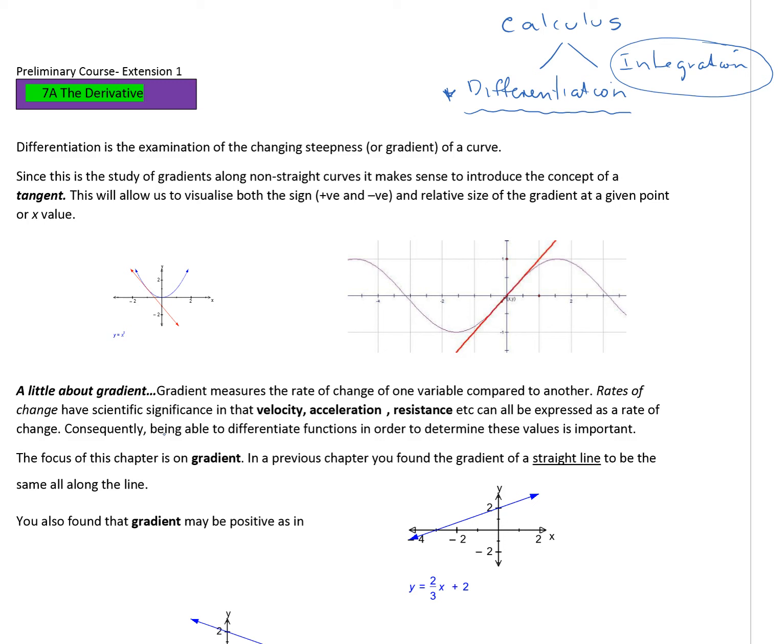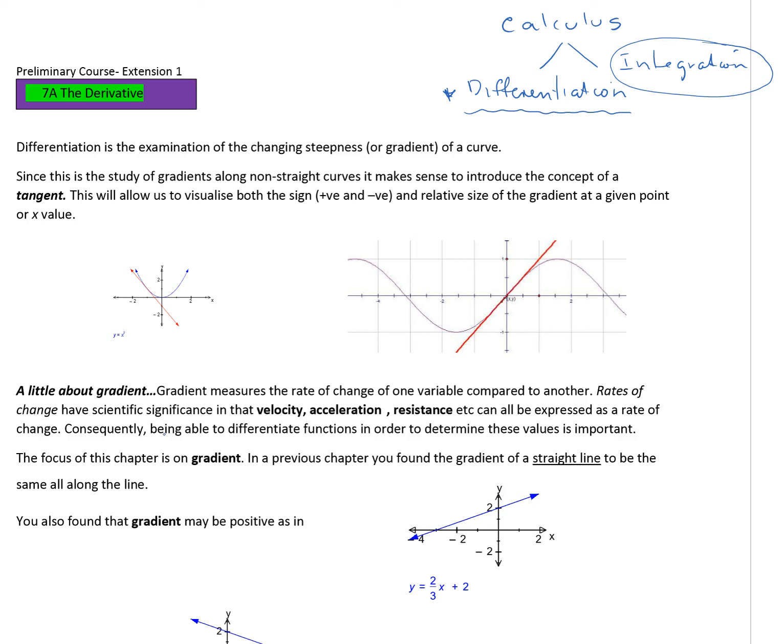It tells them many, many things. When they're investigating speeds, pressure, time, it's critical that they can work out the gradient. So for now, we're not focusing on the application, but the application is by far the more interesting part. For now, you just have to learn the process. How do you differentiate?